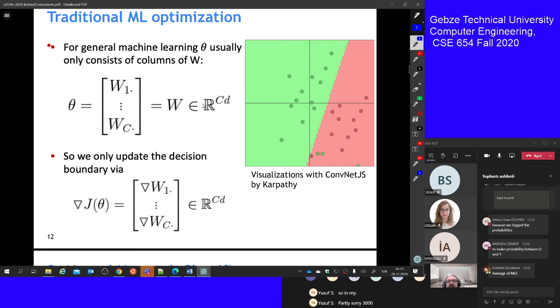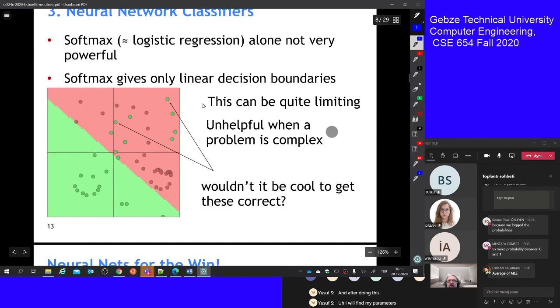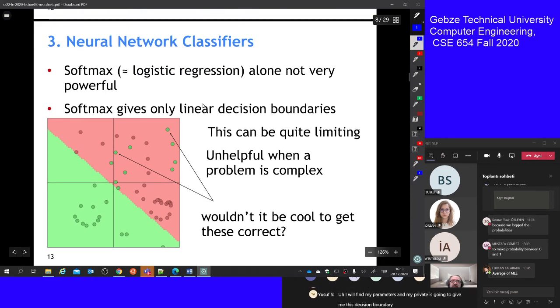So in my space there are 3000 parameters, and each parameter is going to be used in this equation, taking the derivative of the loss function. Okay, and after doing this, I will find my parameters, and my parameters are going to give me this decision boundary. It's going to be a neural network classifier actually, and that neural network classifier is going to divide my space into 2 parts. This black line is going to divide it.